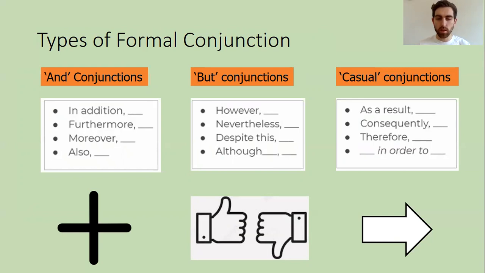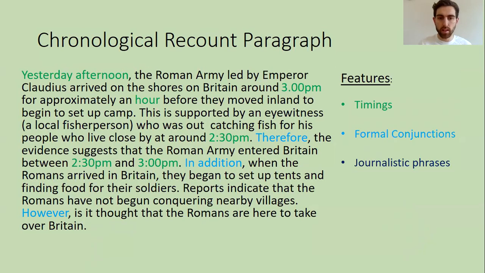Keep them in your head because we're going to use them later on when we look at our paragraph, and hopefully you're going to be using them in your own writing too. So, can you now find any formal conjunctions in this paragraph? Fantastic.